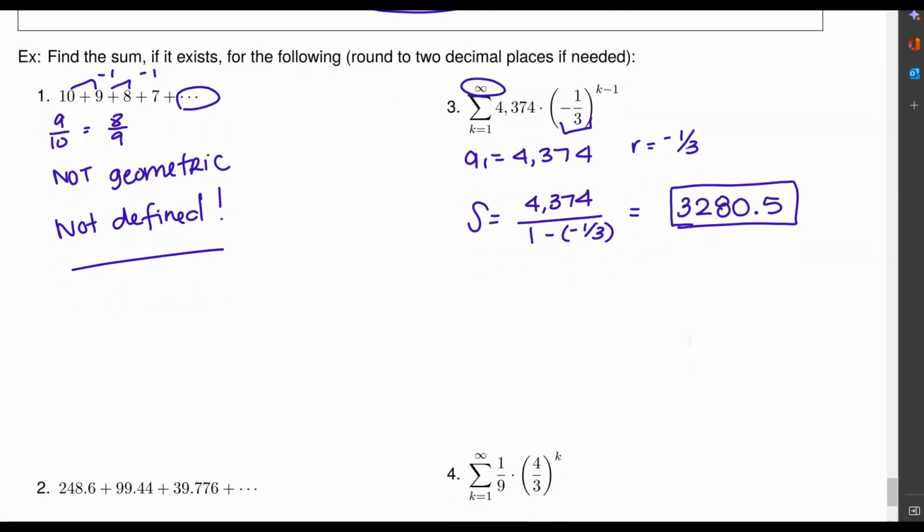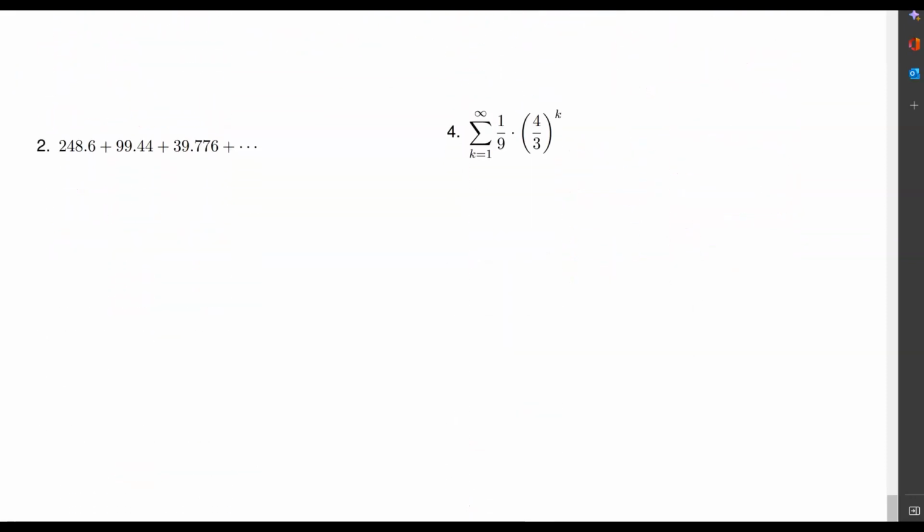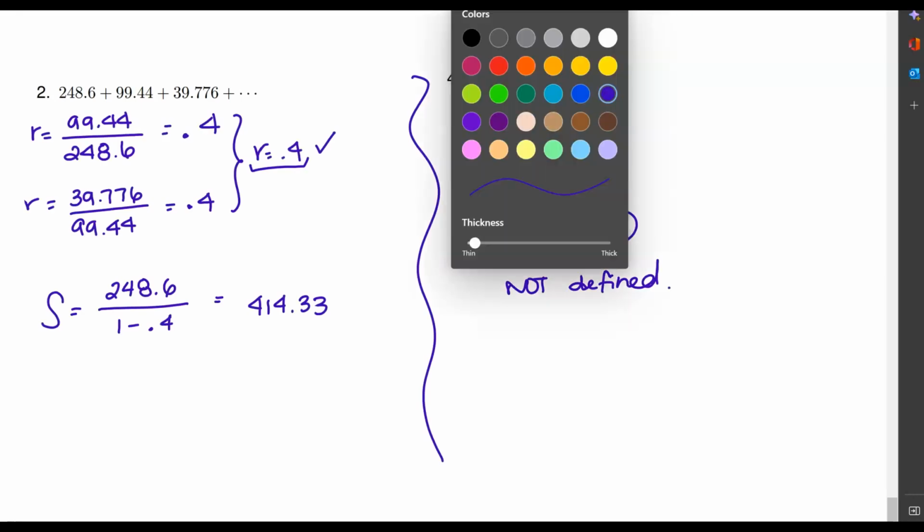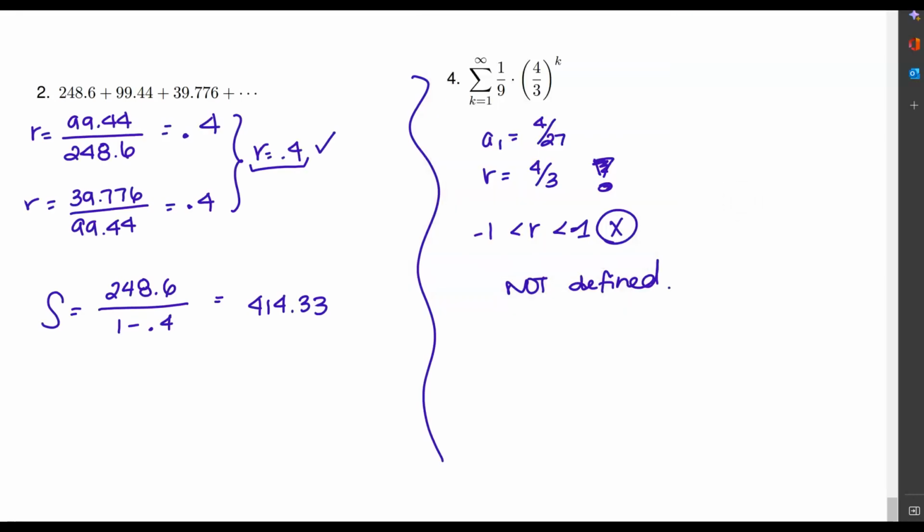Okay. All right, take a moment to try 2 and 4. All right, so in these last two, so for number 2, we did have to go ahead and find that rate. So take that second term divided by that first term, I got 0.4. Then I took that third term and divided by that second term, and I got 0.4. So that tells me that the rate is going to be 0.4.